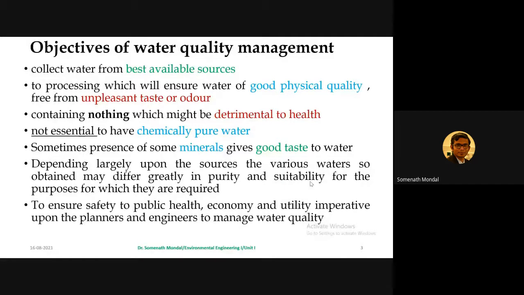This is very important, since water supply and public health are very closely connected with each other, and the entire public health of the society depends on the quality of water you supply. That is why, while choosing a particular source, we have to ensure that it does not contain anything detrimental to health.